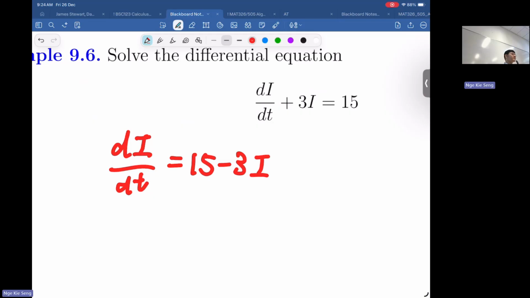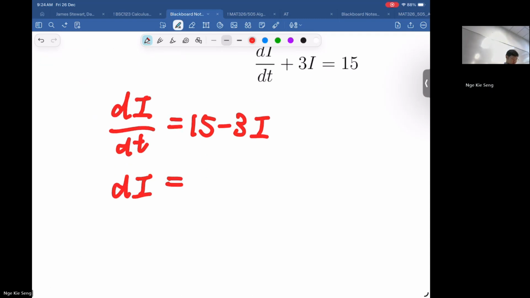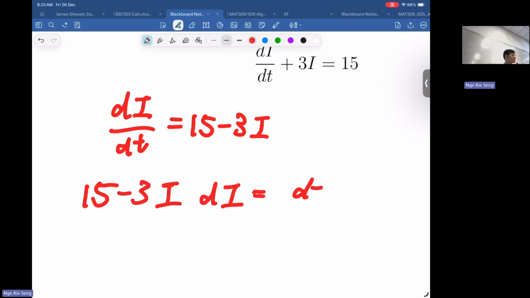Multiply this side and divide? Multiply what? dt? So you move dt over to one side, and the y, 15 minus 3i, to the other side.